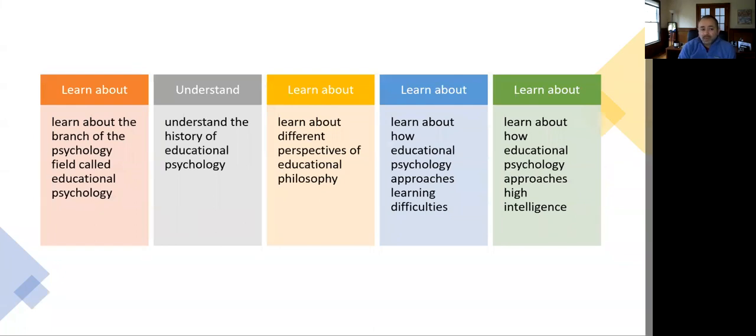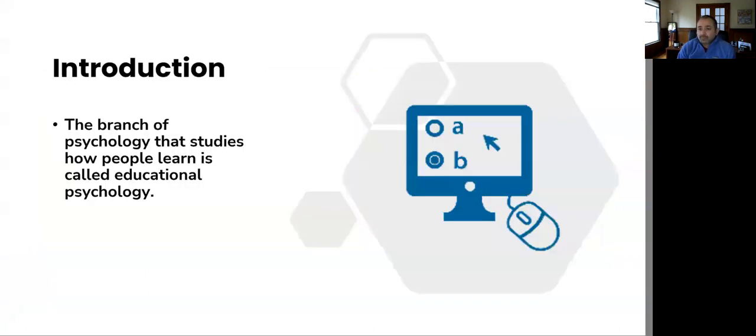We will also understand the history of educational psychology. We'll learn about the different perspectives of educational philosophy. And we will learn about how educational psychology approaches learning difficulties. And finally, we will look at how educational psychology approaches high intelligence.